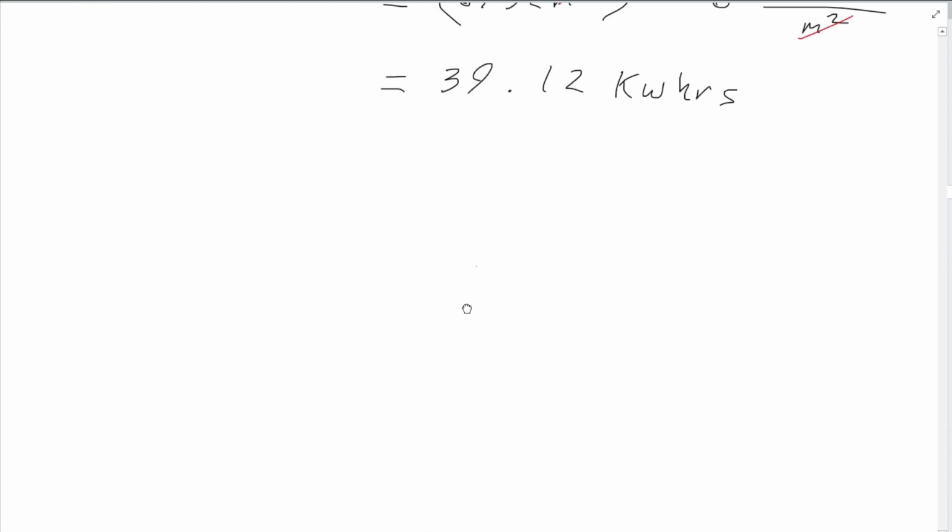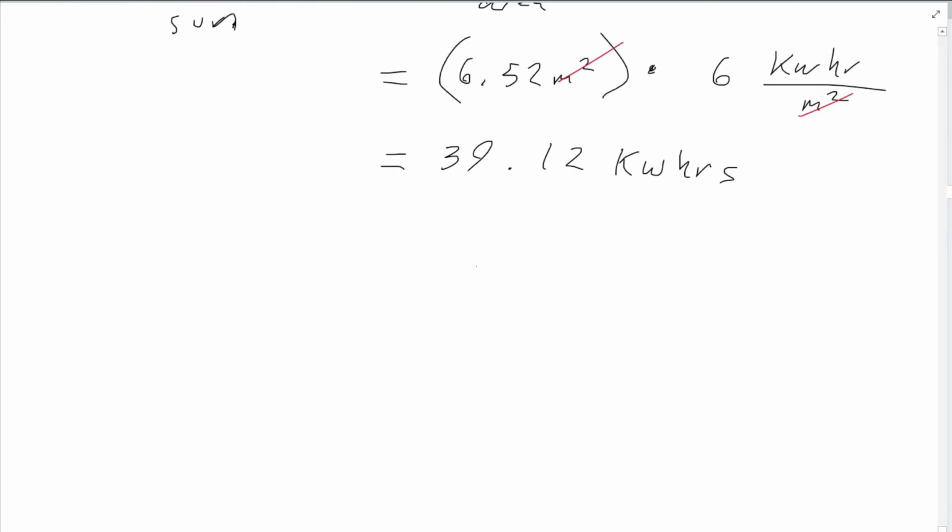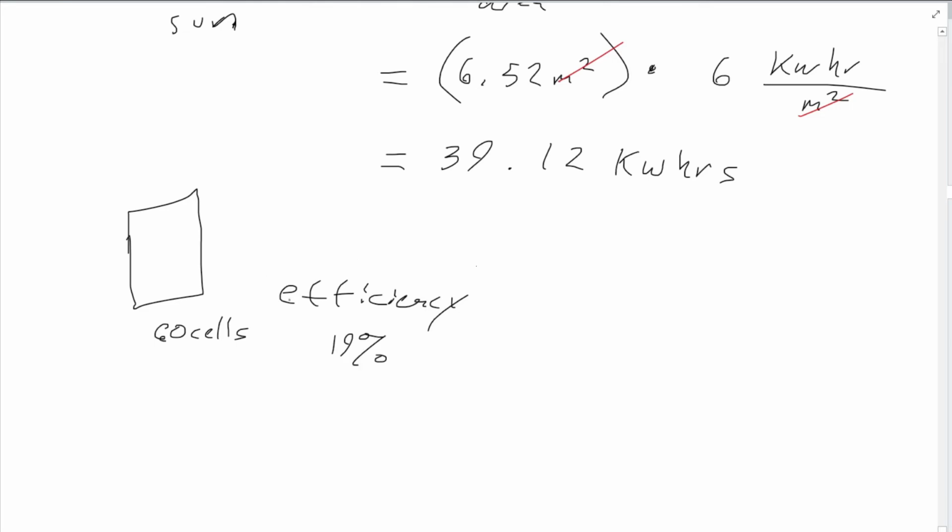Now, for this particular panel, the 60 cell panel, right, 60 cells, its efficiency is only about 19%, meaning it can only capture 19% of the total amount of energy coming in from the sun.